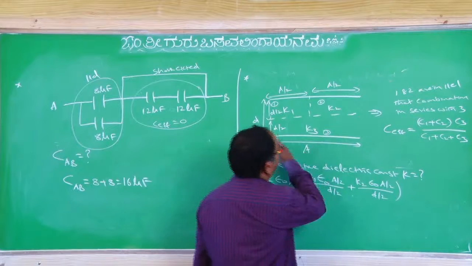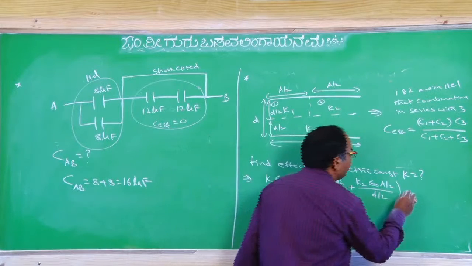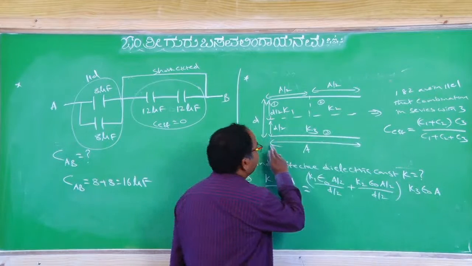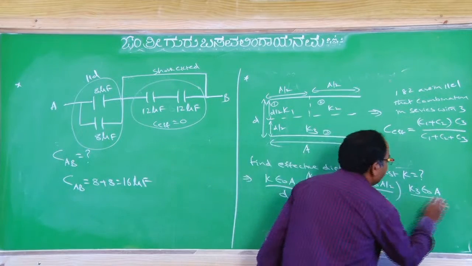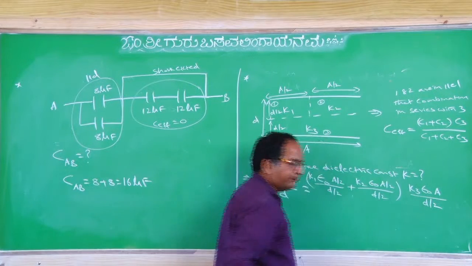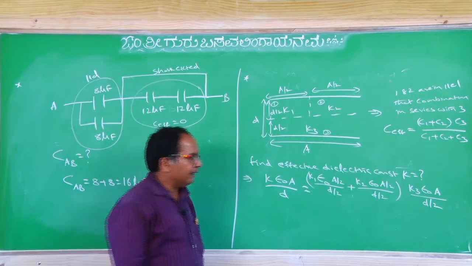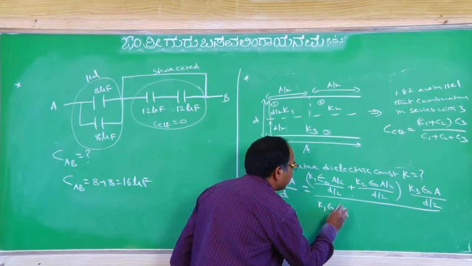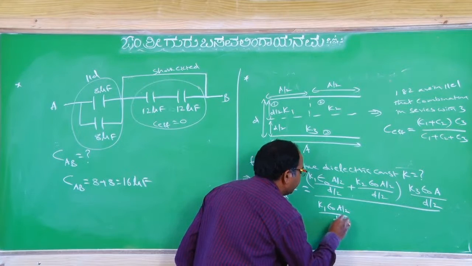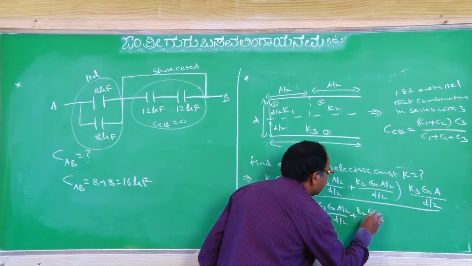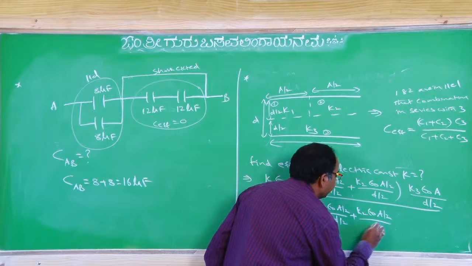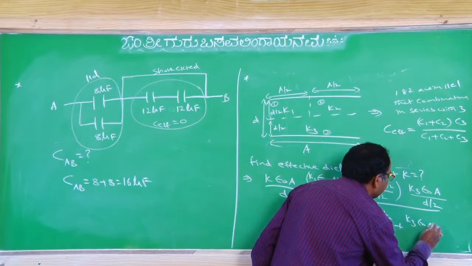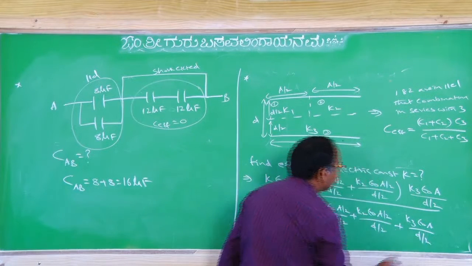C3 is K3 into epsilon naught area A only, by separation D. Divided by K1 epsilon naught A by 2 by D by 2 plus K2 epsilon naught A by 2 by D by 2 plus K3 epsilon naught A by D by 2.